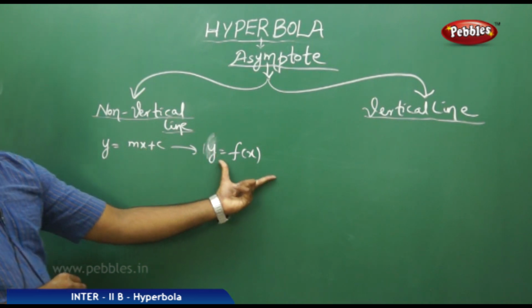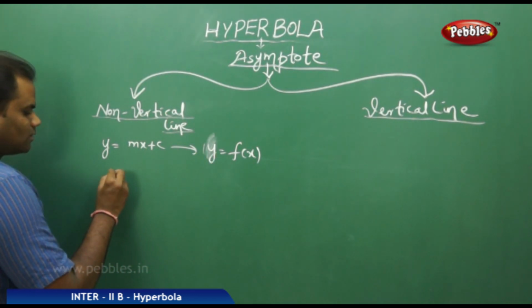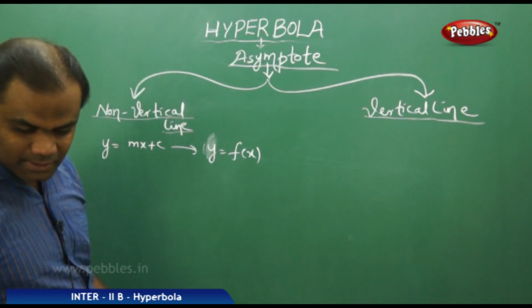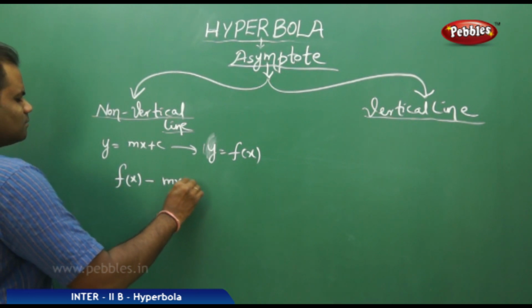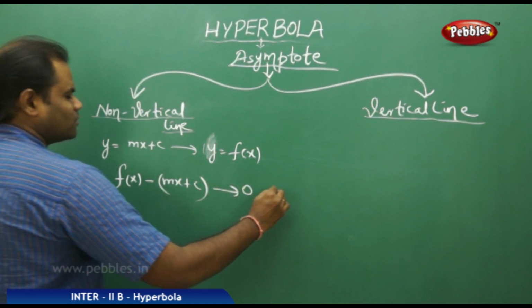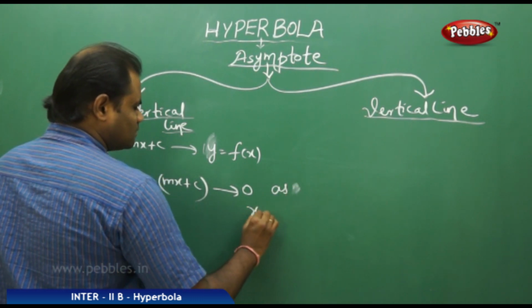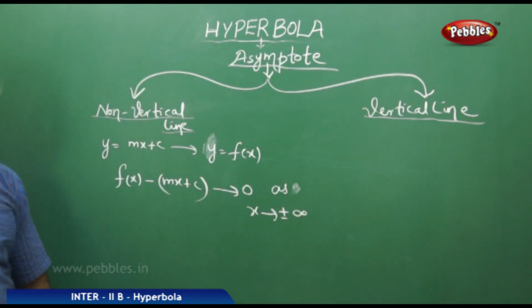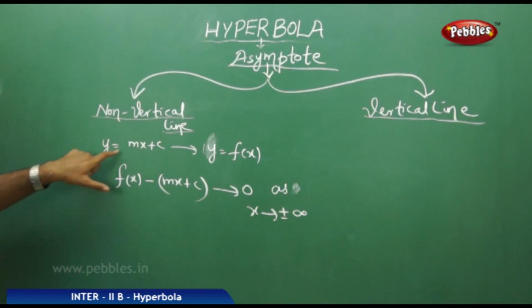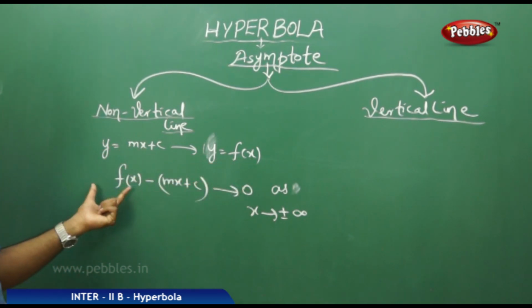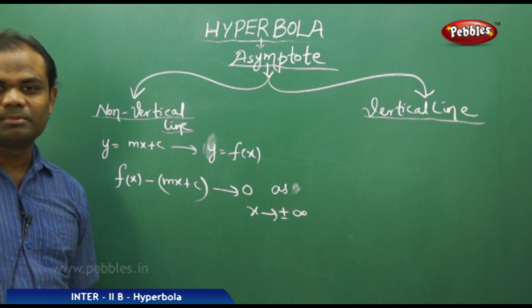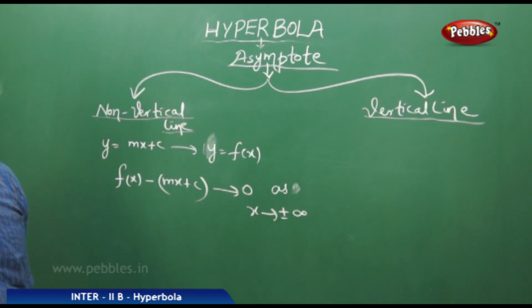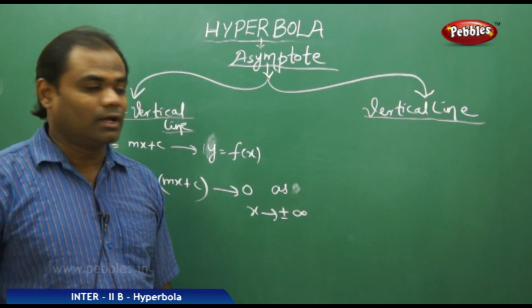This line is an asymptote for this curve if the difference of f of x minus mx plus c tends to 0 as x tends to plus or minus infinity. So here we say that the non-vertical line is an asymptote for the curve if the difference of curve minus the line tends to 0 as x tends to plus or minus infinity. This is how we understand the non-vertical asymptote for a given curve or hyperbola y equal to f of x.